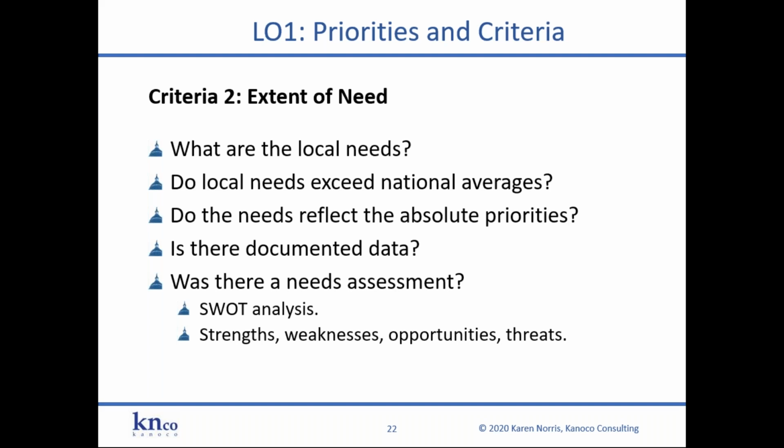Extent of need: what are your local needs? Do your local needs exceed or fall below national averages, depending on what needs you're describing? Do the needs reflect the absolute priorities? Is there documented data? Was there a needs assessment? Now, this is not usually mentioned.